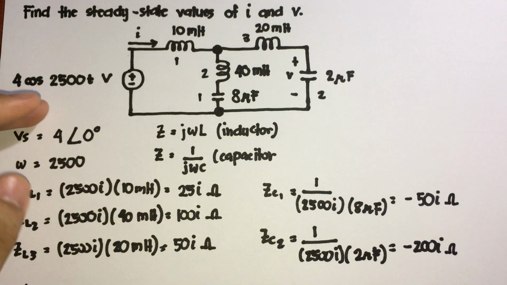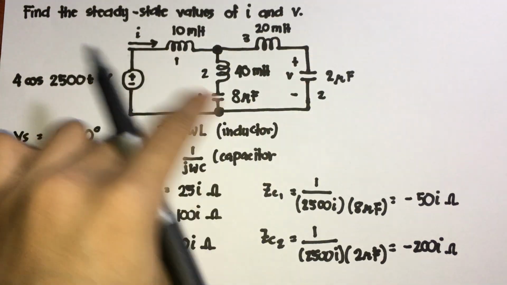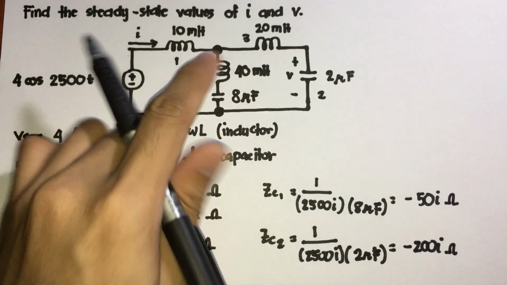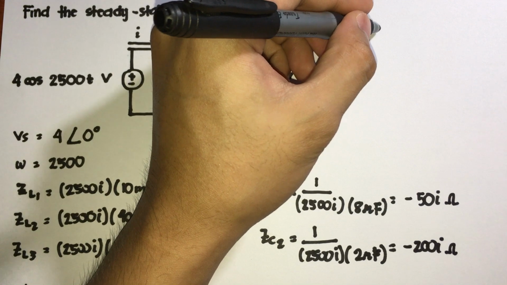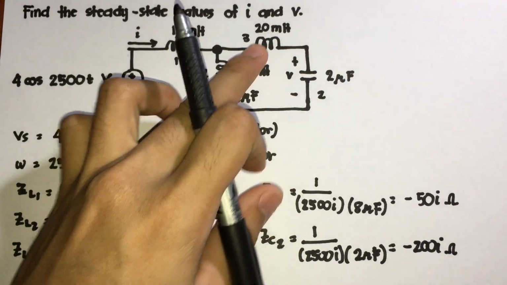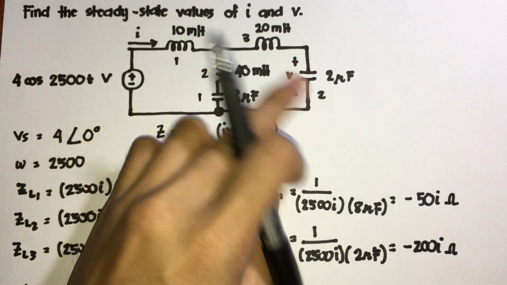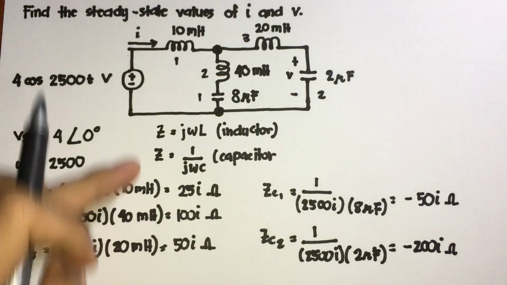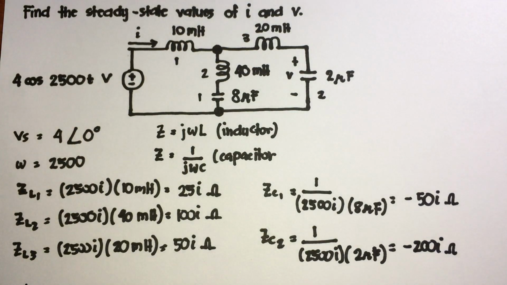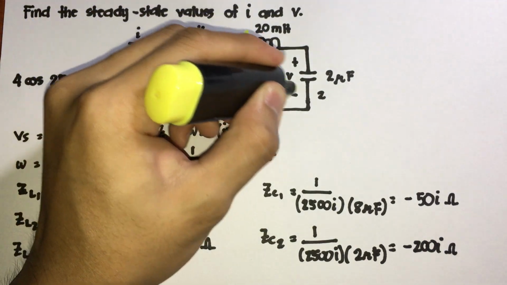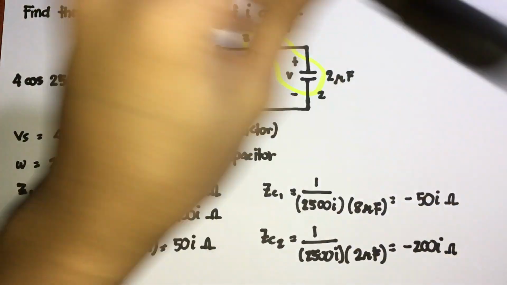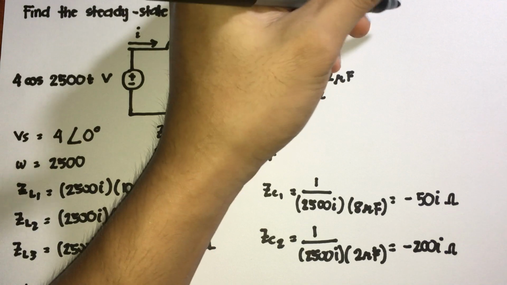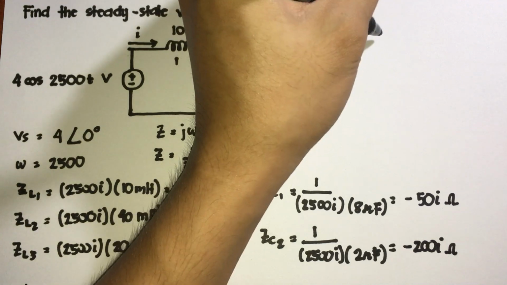So we are going to find the total impedance, the ZEQ. As you can see, this inductor and this capacitor are in series, so they are already in resistor form. As with resistors in a series circuit, we can just add them: ZL3 plus ZC2.